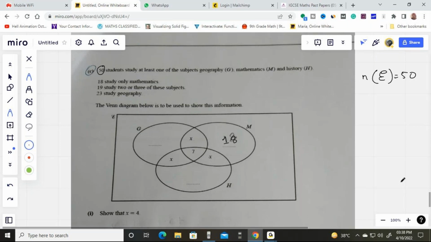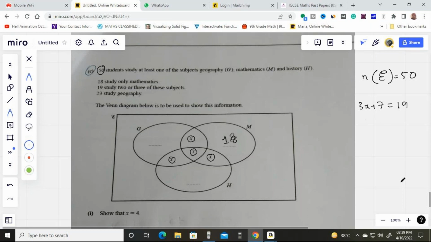19 study 2 or 3 of these subjects. This tells me that x number of students study only 2 subjects in each region and 7 students study 3 subjects. So the sum, 3 times x plus 7, is 19 in total. They study either 2 or 3 subjects.